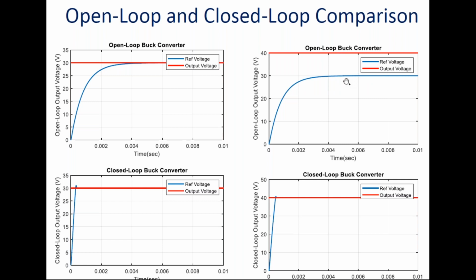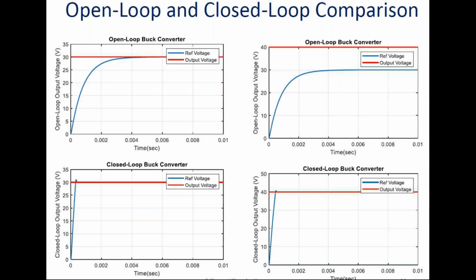There is no feedback mechanism, and we are not redoing the design from scratch. However, with the same buck converter, if we use the PID controller, you can see that with a reference of 40 as well, you are able to get the desired output.